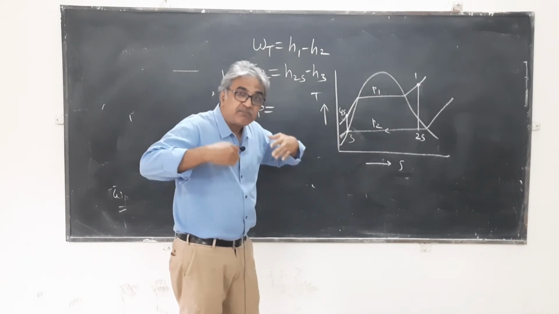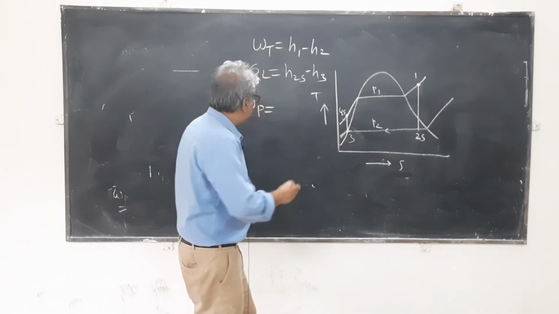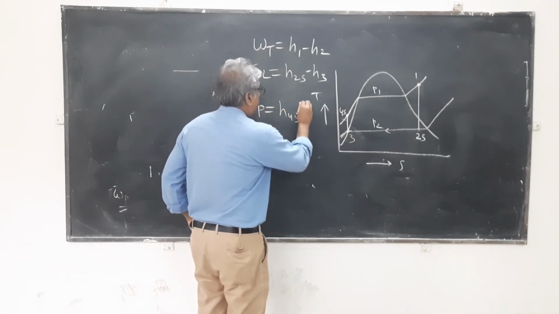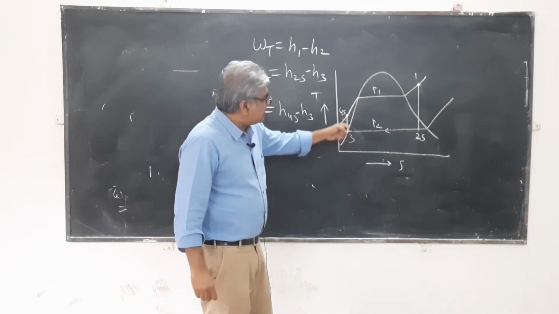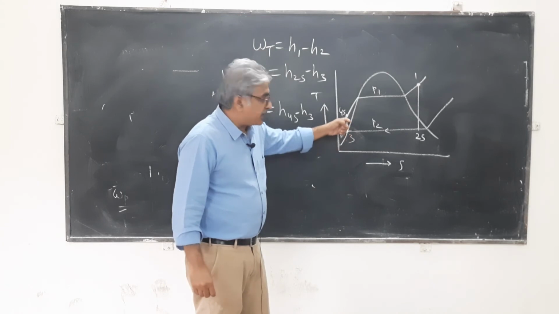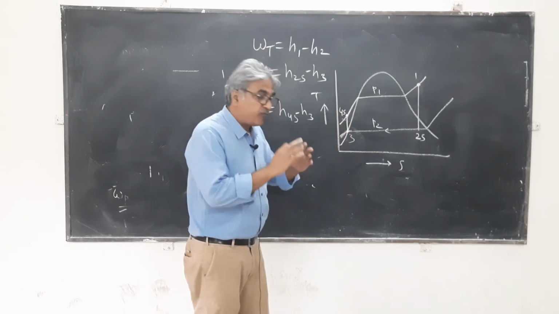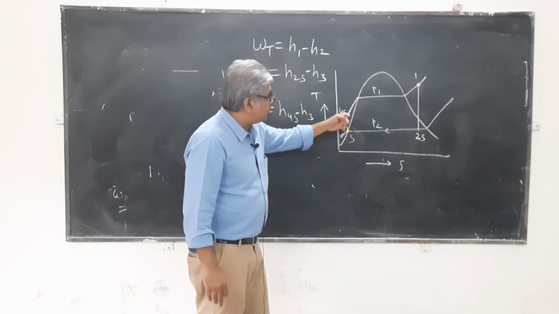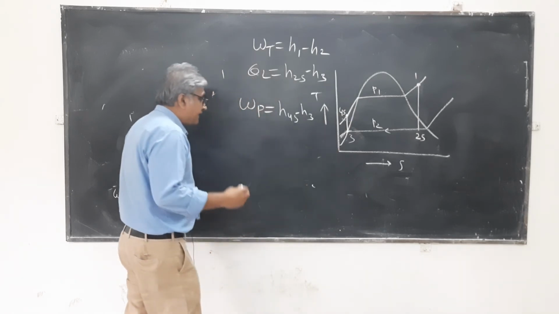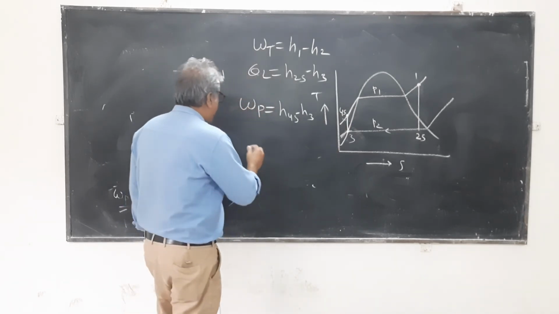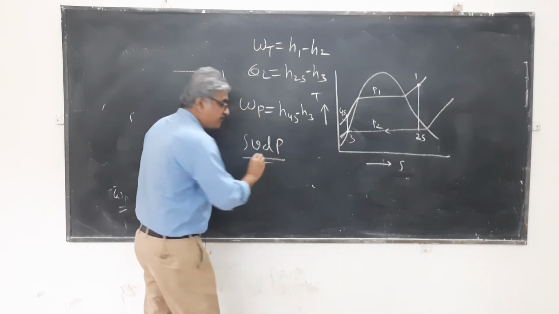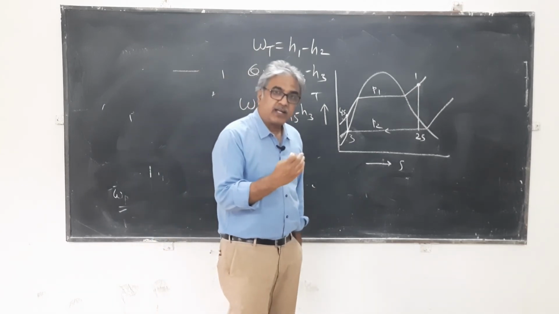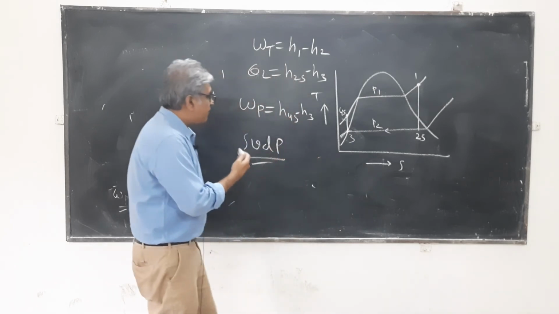Because there is pump work and the fluid is flowing, this is H4S minus H3. Now, this compression work or pump work from 3 to 4S is given by the integration of VdP. This fluid is flowing and there is pump work, it is given by the integration of VdP.